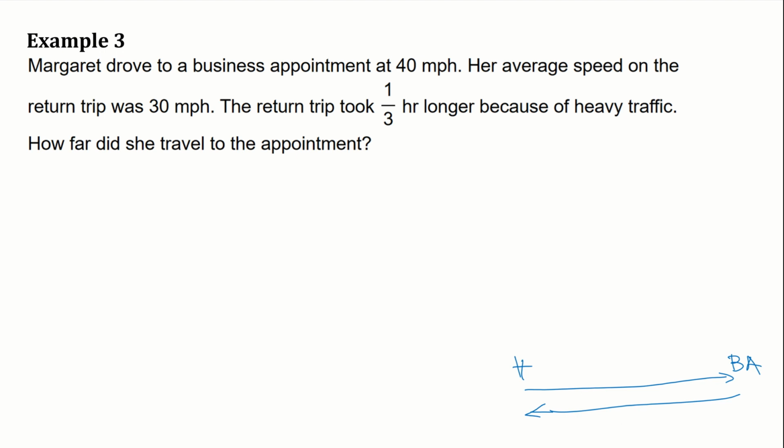That's going to be of crucial importance to us later on. The next thing we need to understand is that on the way from home to the business appointment, the speed was 40 miles per hour. So when going in this direction, she was going at 40 miles per hour.